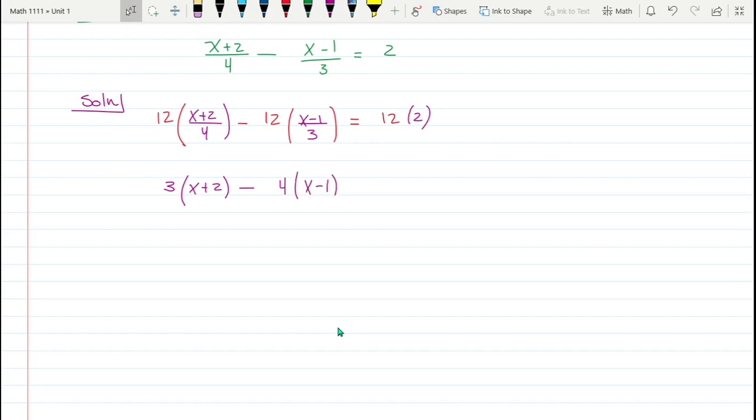And this is one way to simplify the equation so it no longer has fractions. Okay? Then we're going to move on to distribute. So we'll have 3x plus 6 minus 4x minus 4.